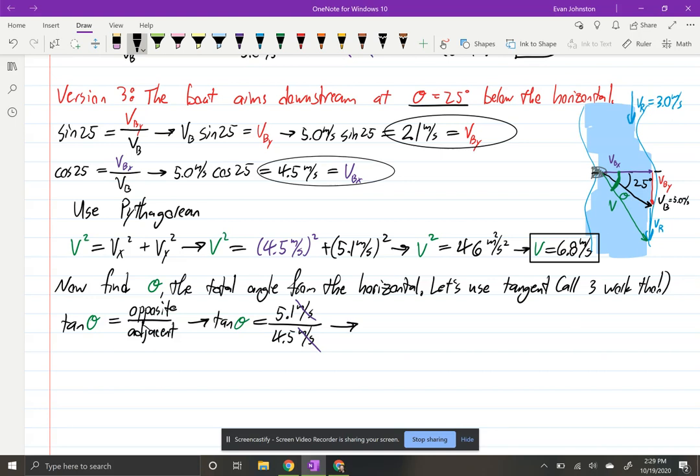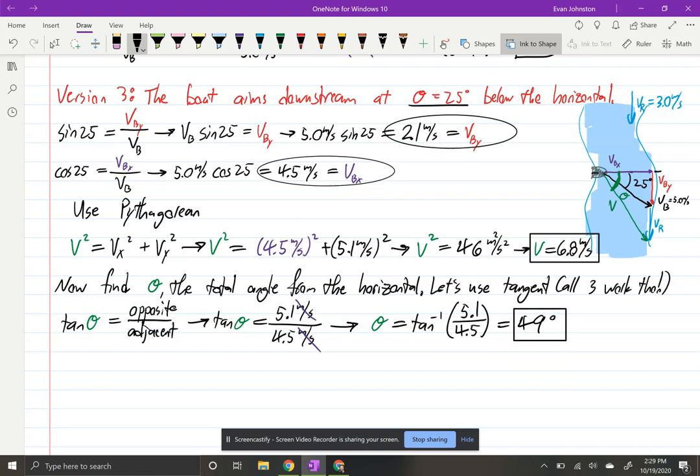So I am going to skip a step. If you want to write the whole inverse tangent times tangent, that's fine. But our angle is equal to the inverse tangent of 5.1 over 4.5, because our units canceled, and that ends up giving me 49 degrees.